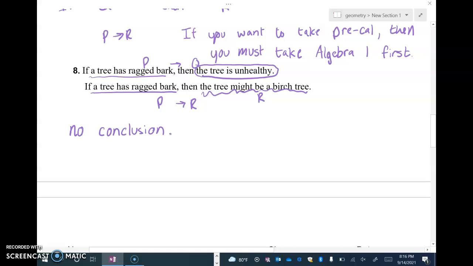And we can't use the same P twice. Using the same P, or hypothesis, is not law of syllogism.